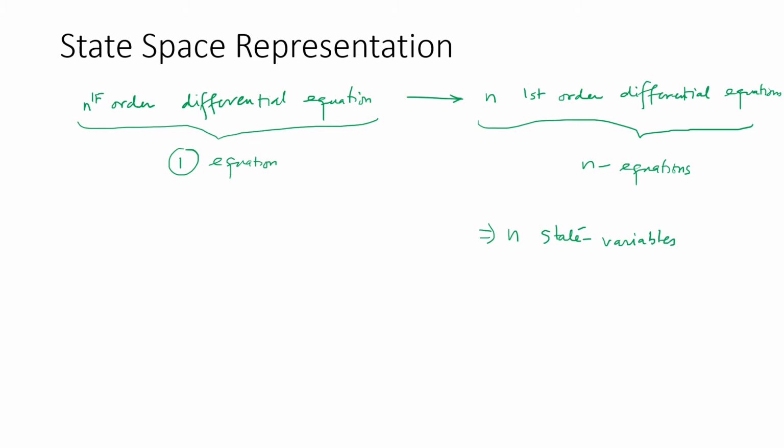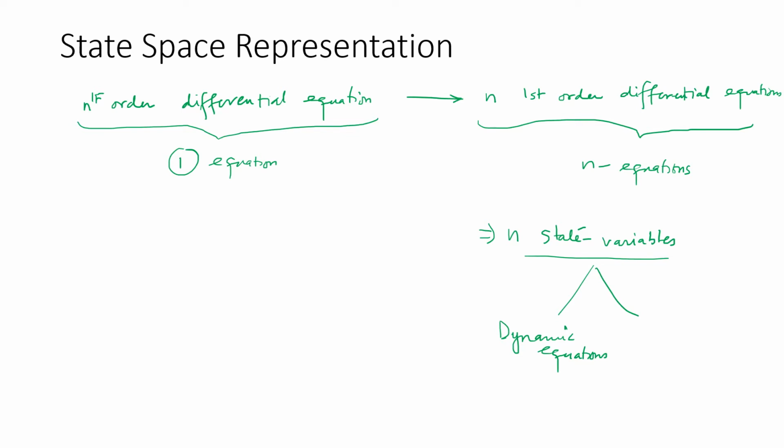And these state variables are the reason why we call this state space representation. On top of that, you are going to have two types of equations using state variables. One, what we call the dynamic equation, or state dynamic equation.